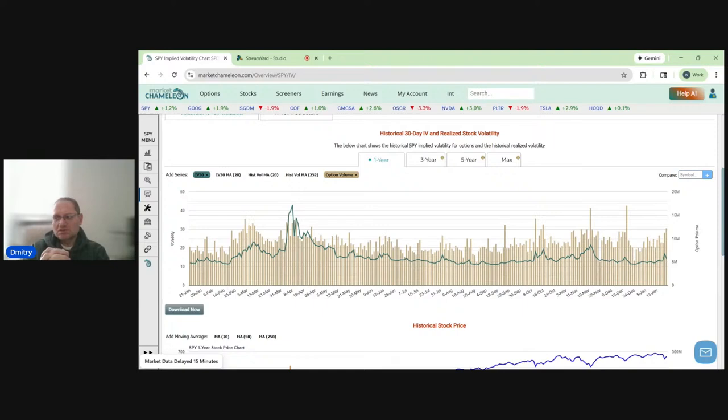Because stocks may have different options, we have different option expirations, we have different option strikes, we have to create some kind of standard benchmark that we could track.